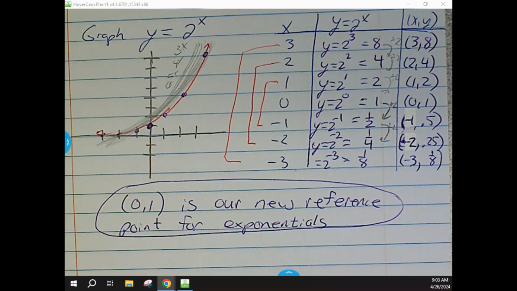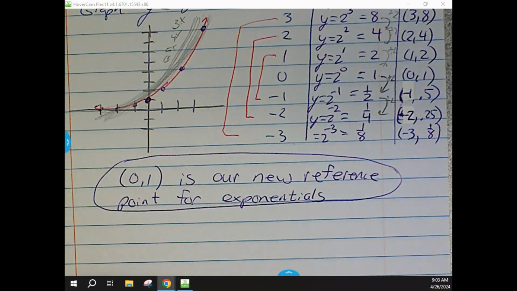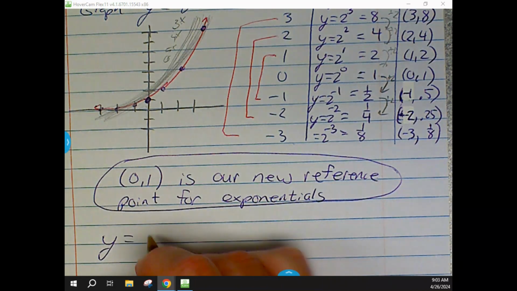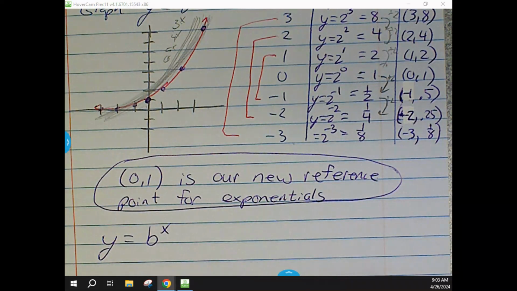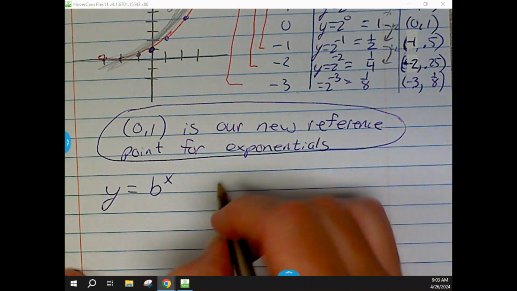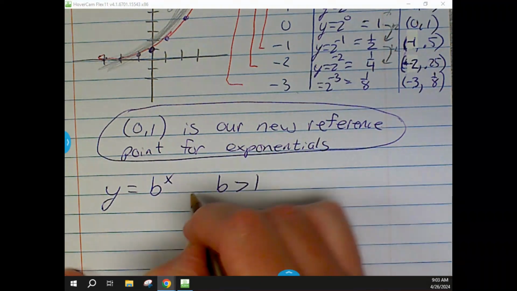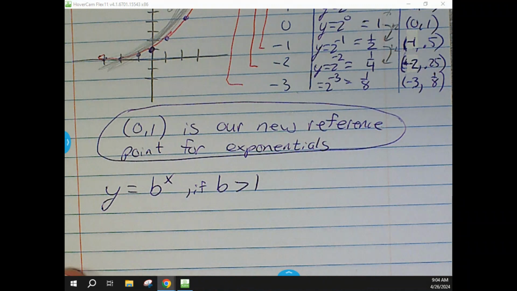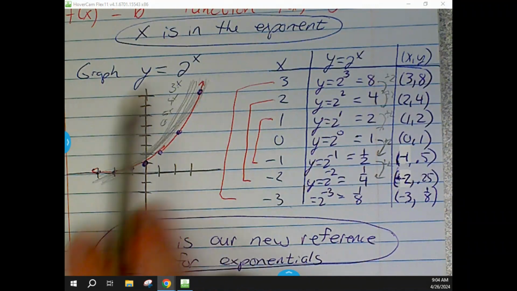Okay, so here's what we're looking at, and here's kind of our two cases. If you're doing y equals b to the x, which is our basic exponential thing that we're looking at, if the base is greater than 1, then this is how the graph is going to look every single time.